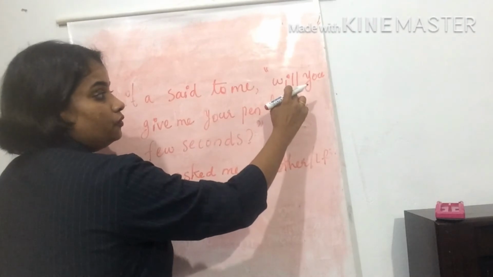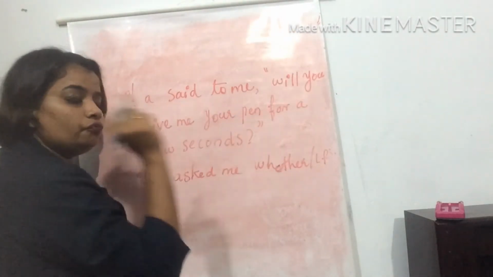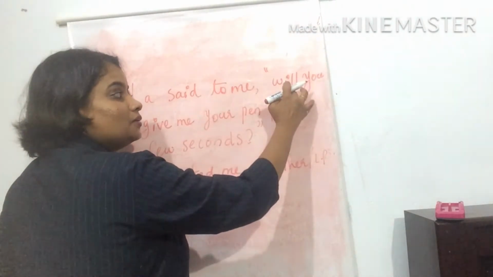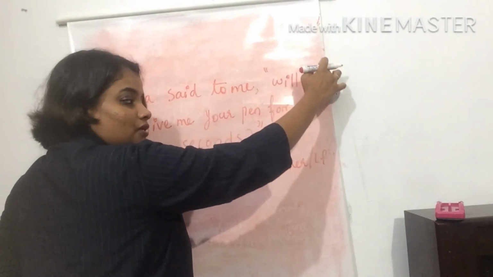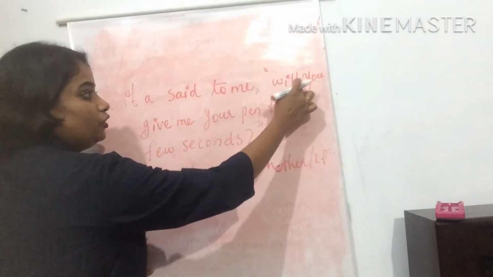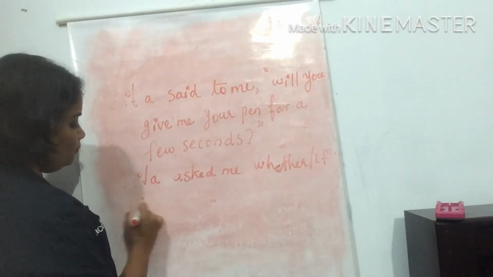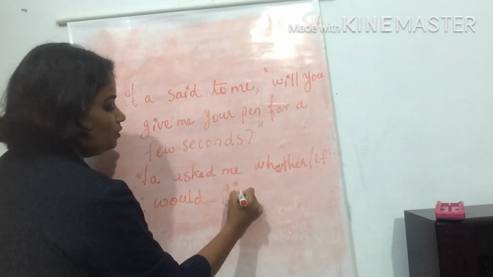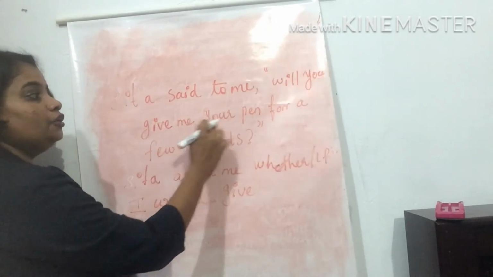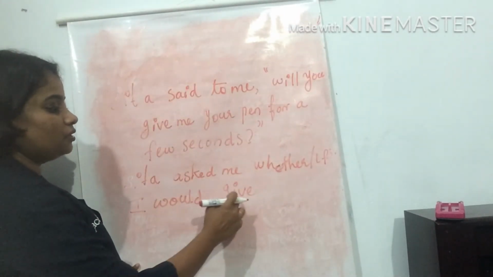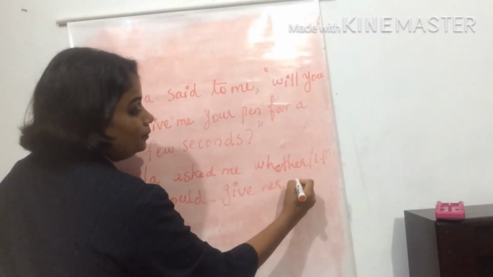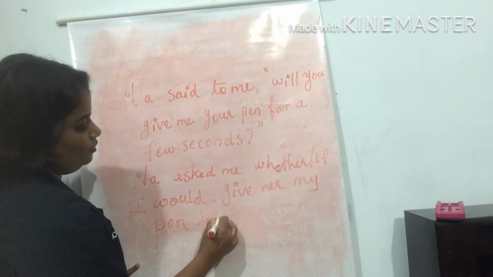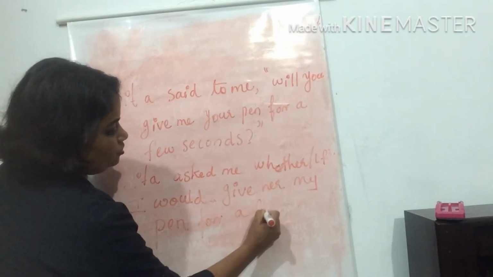Next is the transformation that you need to take care of. Whether or if. Will you give me your pen? In the case of an auxiliary verb, the auxiliary verb will come second in indirect speech. So will you means I would. I would give her my pen for a few seconds.